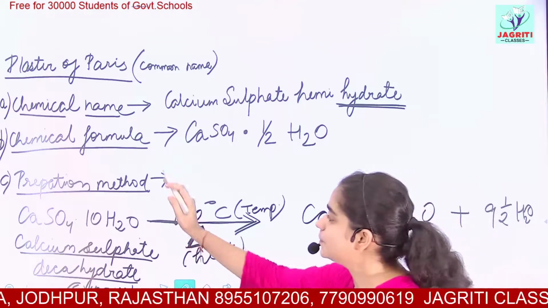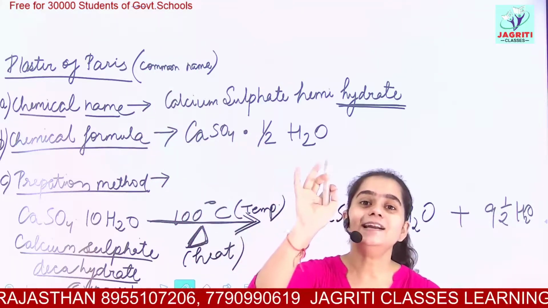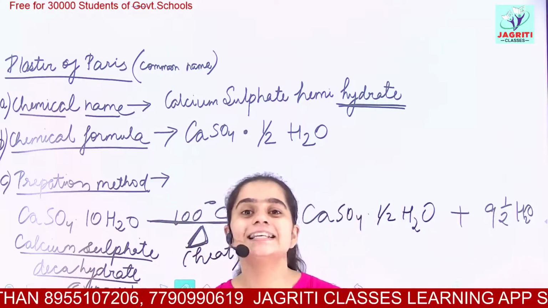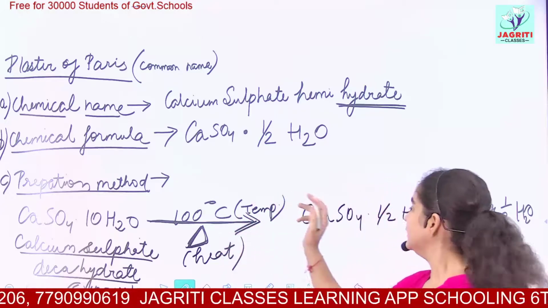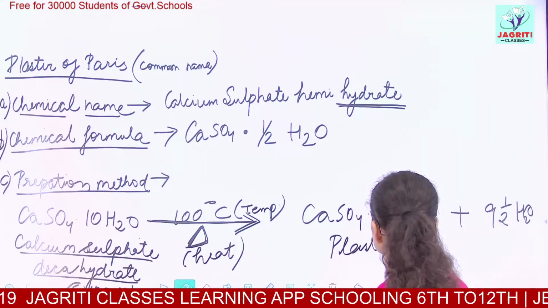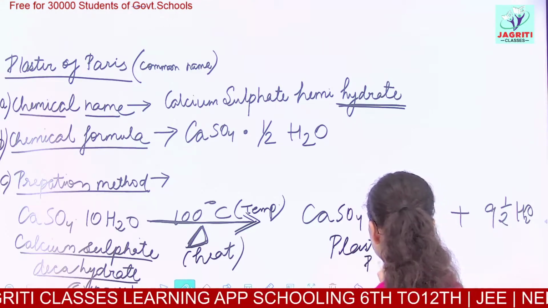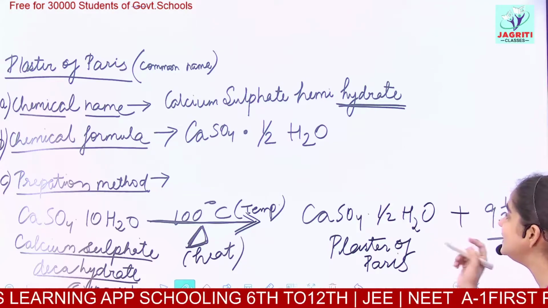So this is the preparation method, how we can prepare plaster of Paris. The reactant used to prepare plaster of Paris is gypsum. When gypsum is heated at 100 degrees Celsius, the product obtained is plaster of Paris, and the remaining water is released out.